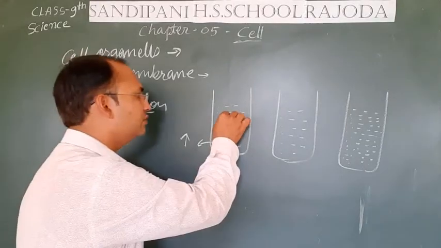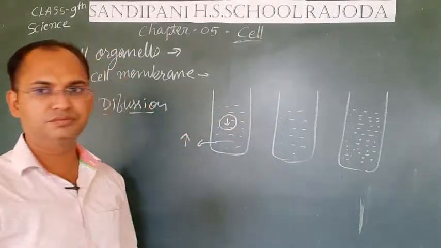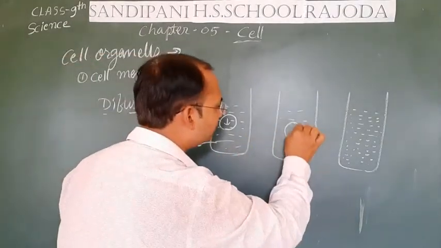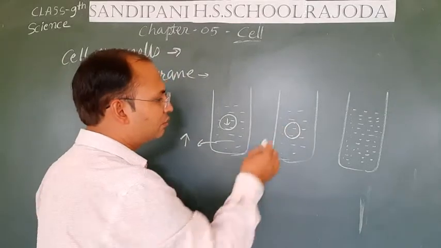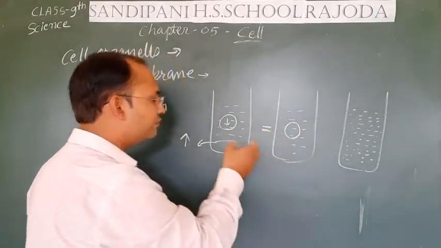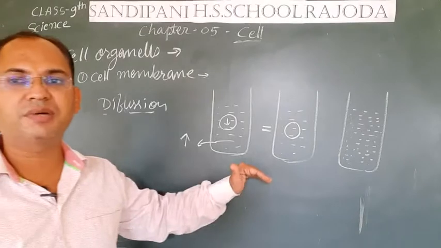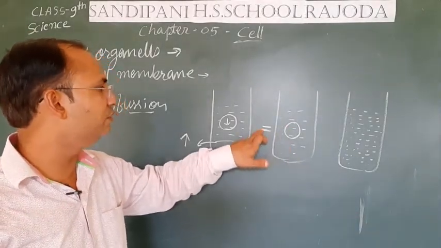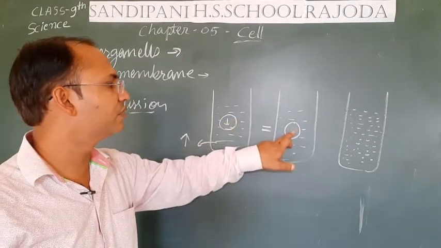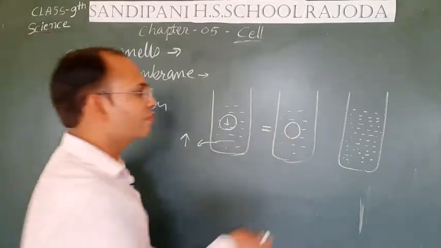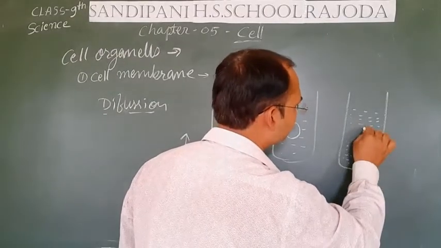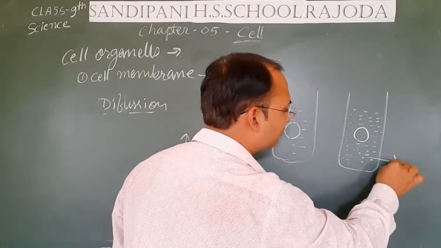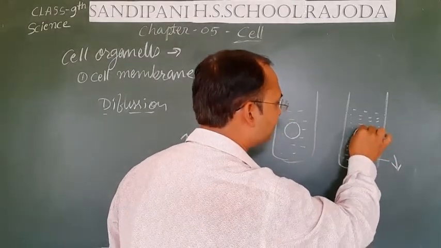The concentration of the cell is low. Second, here we put another cell, whose solution concentration, because we can change the concentration of the solution by adding solute to it, is equal to that of the cell. And in the third one, we put a cell here, and the concentration of the solution is low and that of the cell is high.